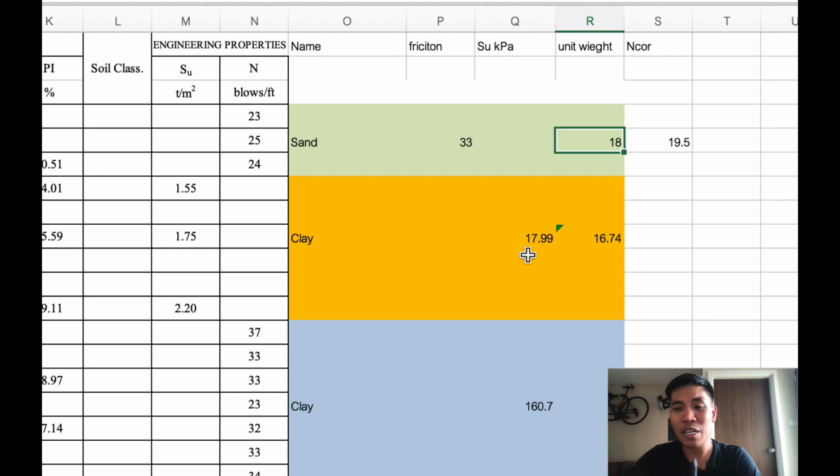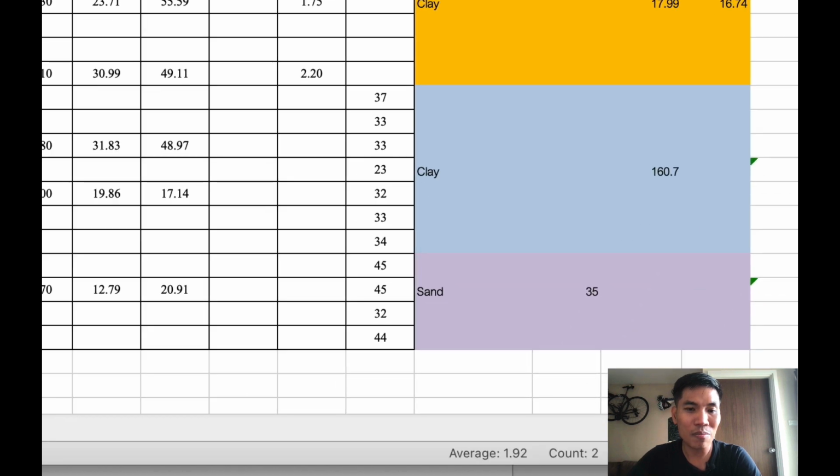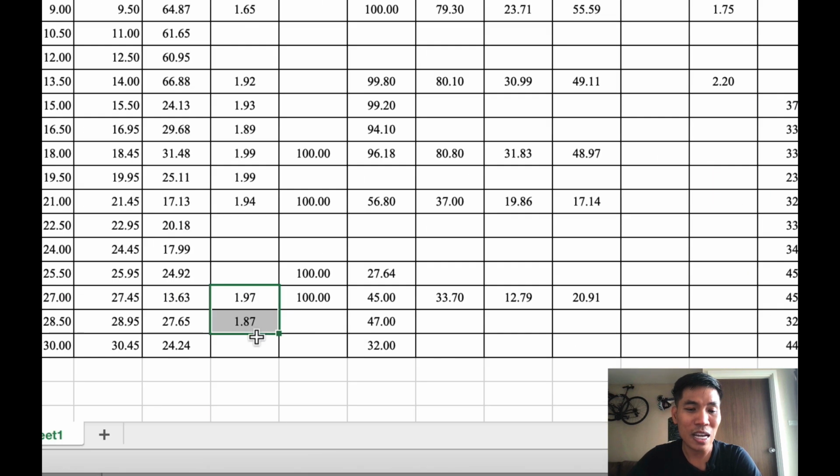This one is the medium sand. It's not loose. And the last one is still sand, but we have a little bit of results about the unit weight, about 1.96, 1.87. We can use the average of this one also.